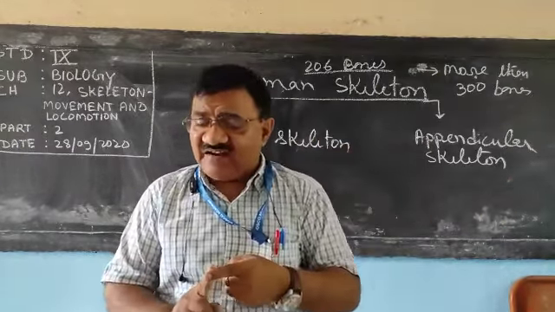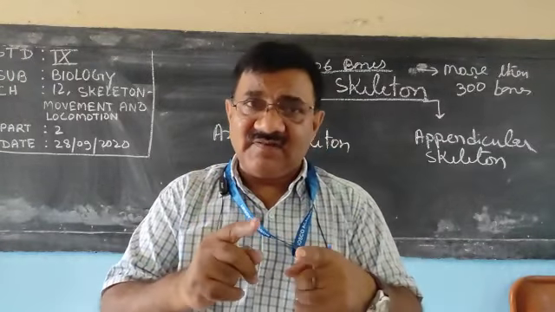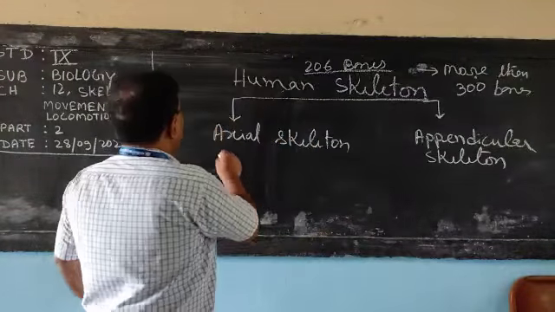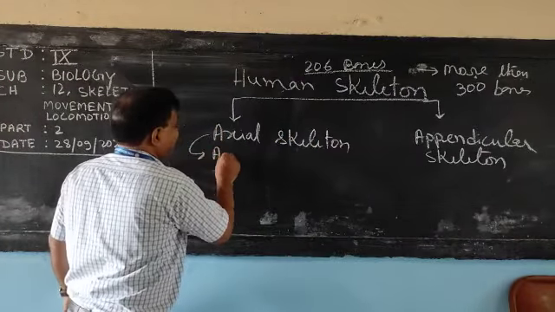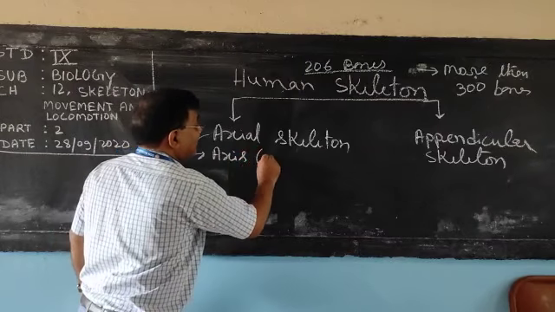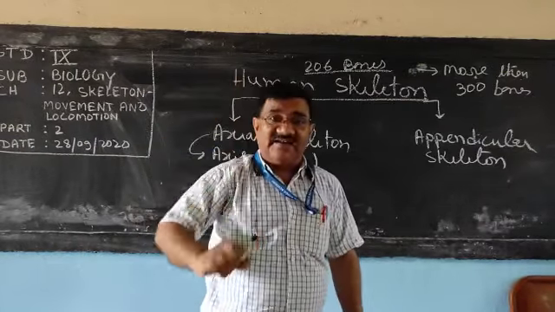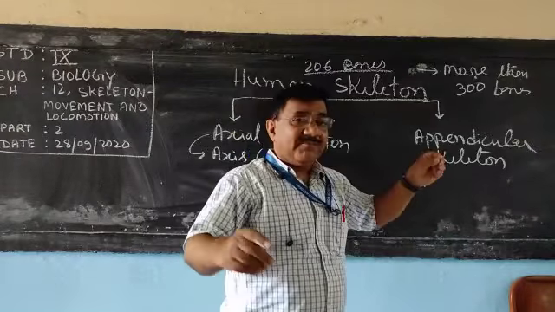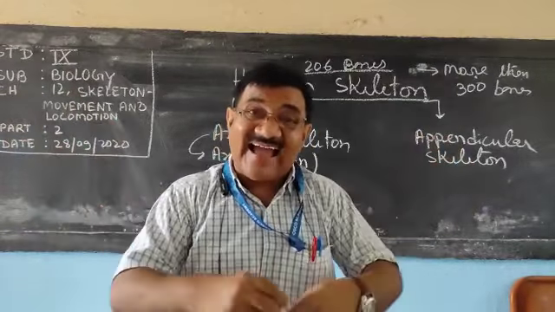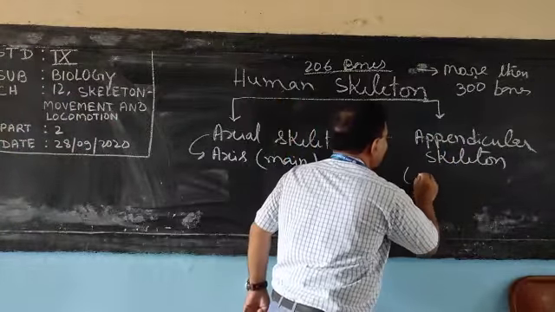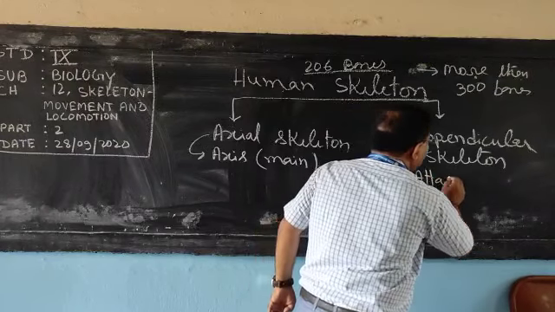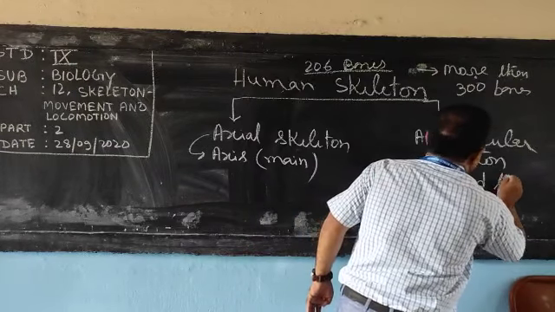Now try to understand the meaning of axial. The word comes from axis, meaning main. So axial means the main skeleton, and appendicular means the others attached to the main.